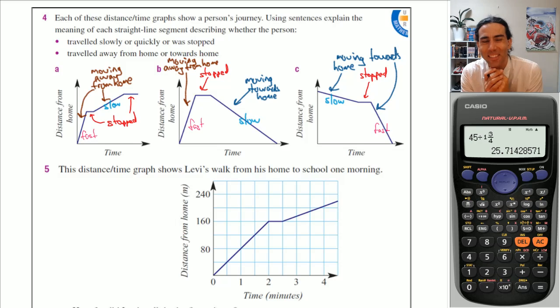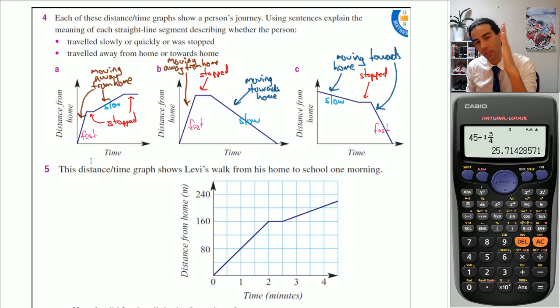Well, here's the answer just for 4, actually. There's a lot going on there. So, in red, showed where they stopped. Then, showing where they're moving away from home in the brown. Then, the dark blue, when they're towards home. And then I put on afterwards speed. We had the fast bits.